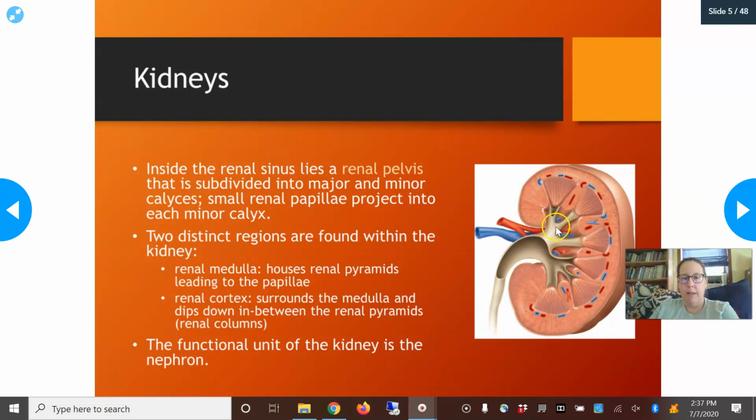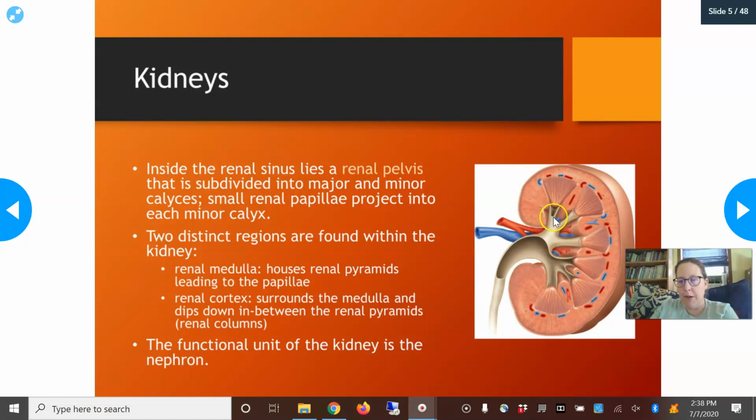So we have the renal sinus, which is again this cavity here, and then we have the renal pelvis. We definitely have this one funnel, but then you have this right here. All of this is part of the renal pelvis, but these are subdivisions that are like mini funnels funneling into larger funnels that then funnel into the largest funnel. These are called calyces.